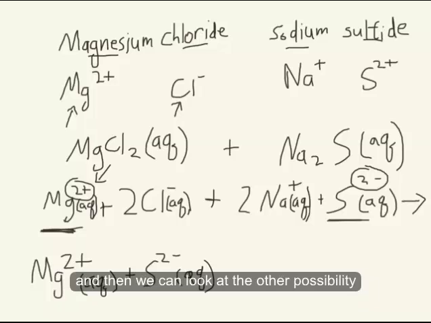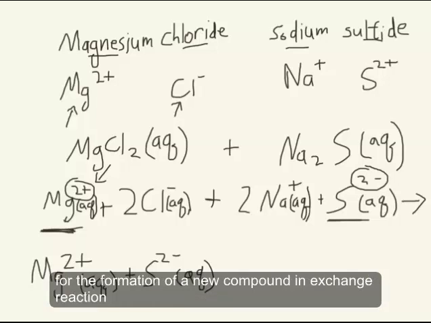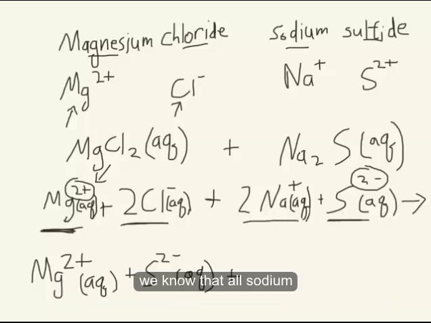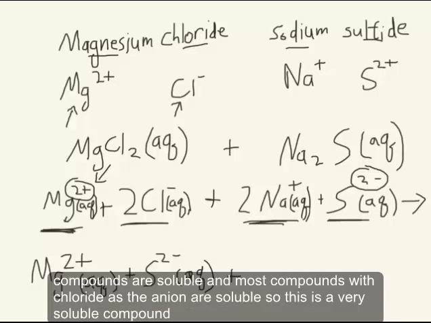And then we can look at the other possibility for the formation of a new compound in an exchange reaction, which is the anion from the first compound combining with the cation from the second compound. We know that all sodium compounds are soluble, and most compounds with chloride as the anion are soluble.